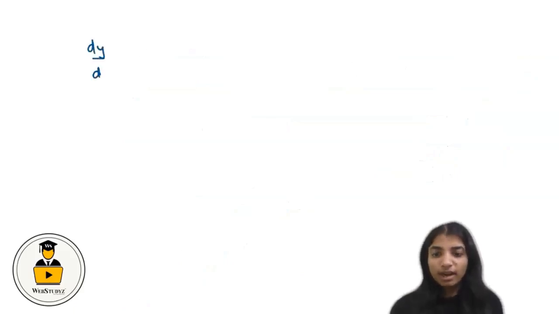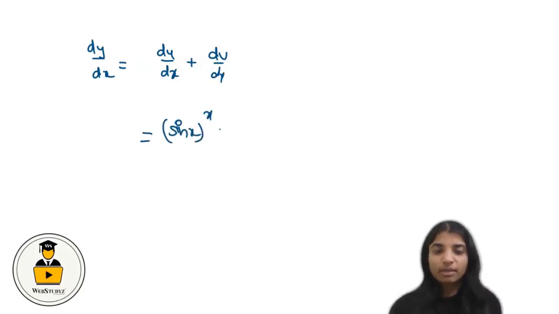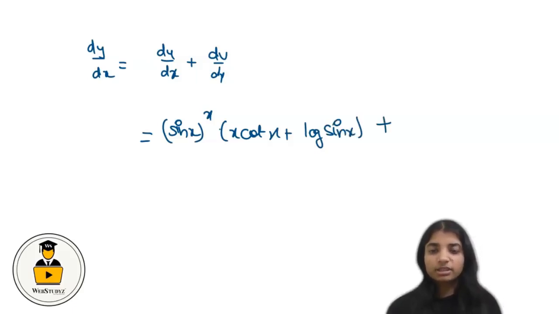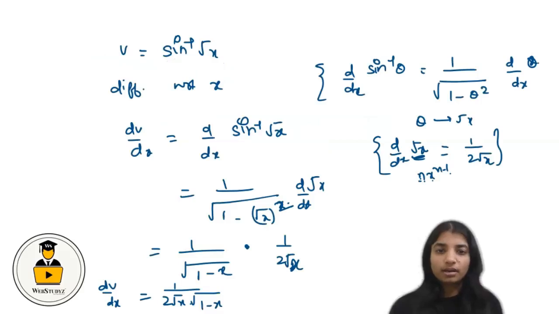We know that dy divided by dx is equal to du divided by dx plus dv divided by dx. The value of du divided by dx is sine of x raised to the power x multiplied by x cot of x plus log of sine of x, and the value of dv divided by dx we just calculated, that is equal to 1 divided by 2 under root of x multiplied by the under root of 1 minus x.